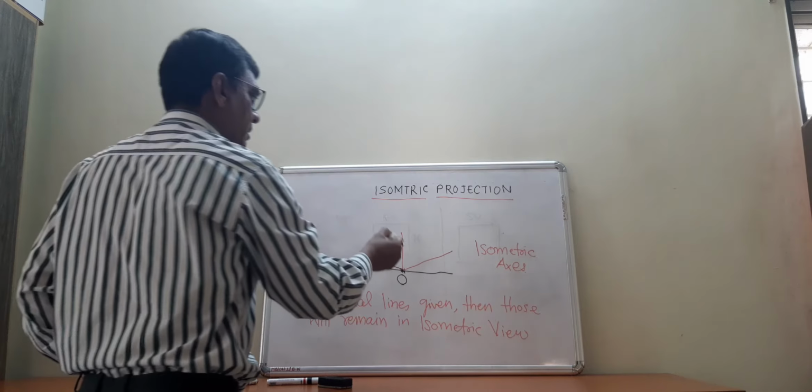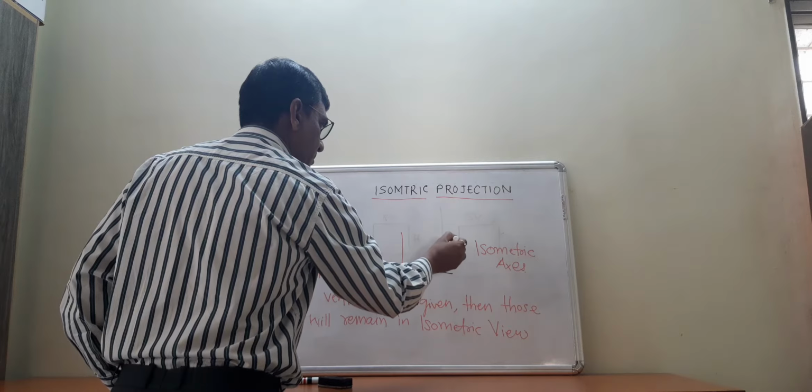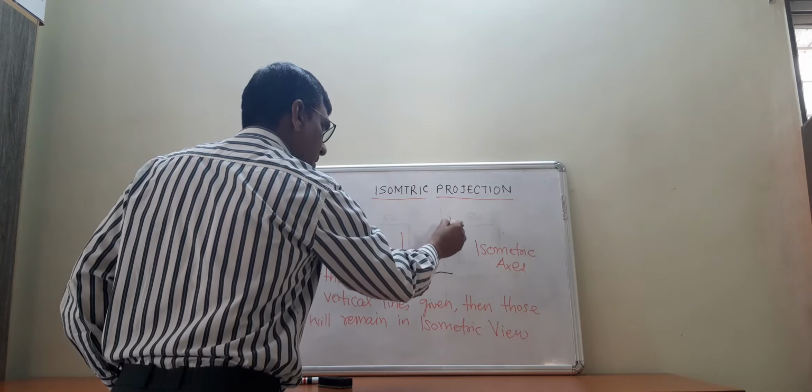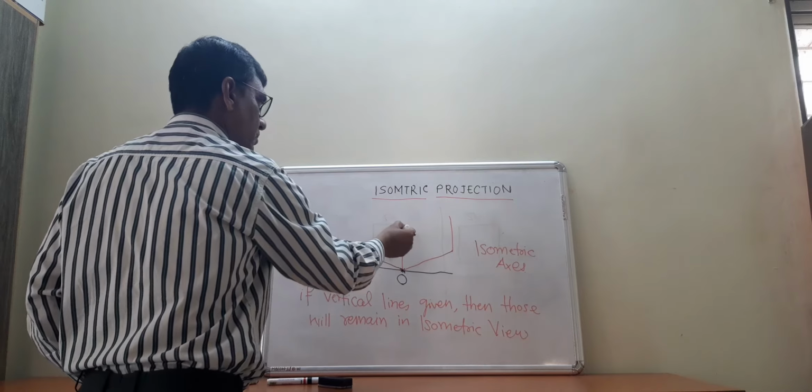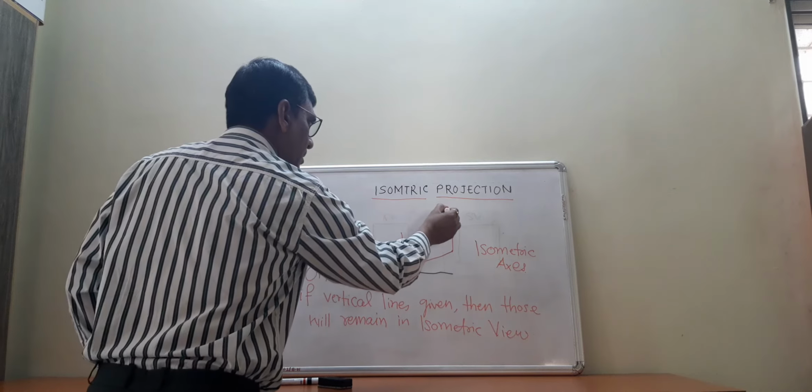So here, when we are reaching from one end to another end of the length axis, from here we are going to get a vertical line parallel to the line drawn representing height of the component.